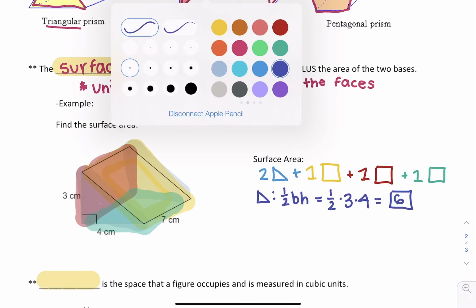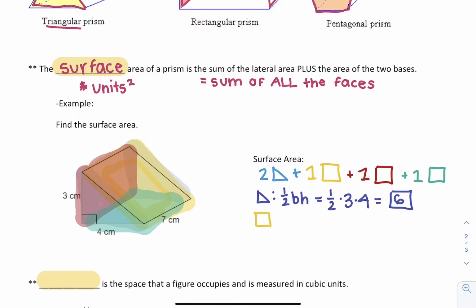Next up, we need to figure out our yellow rectangle. It is a little bit tricky because we know that it is base times height, and we know our base is 7, but we're not so sure about our height. Notice this height right here, h, is the hypotenuse of this right triangle.